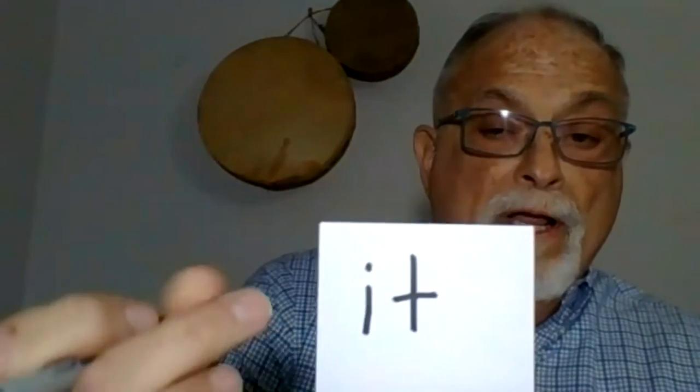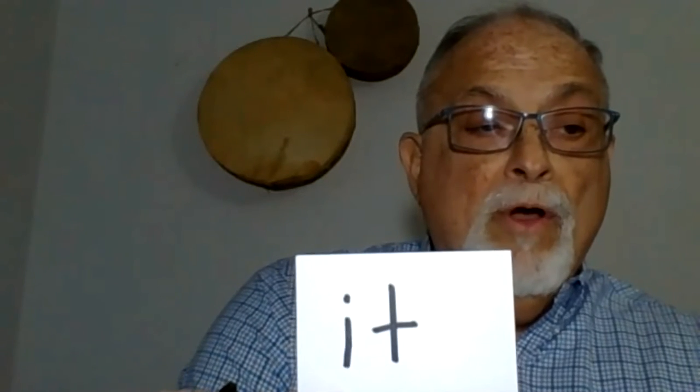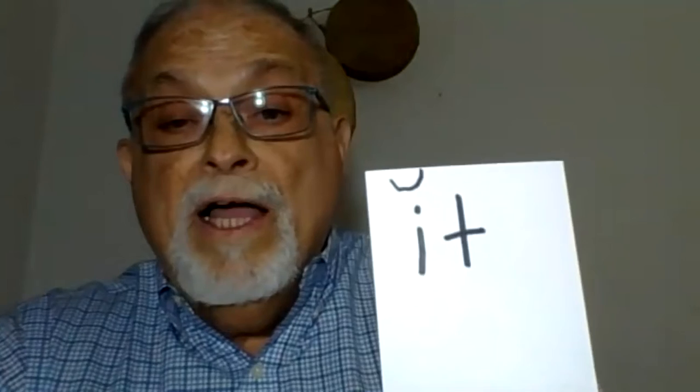Whenever we have a vowel next to a consonant, we call it closed, and we code it with a breve. Do you remember what a breve is? Let me show you. A breve is kind of like an upside down U. It's right there, and that tells us that the I is short and it has the sound of I. So if we were blending this word, it would be it.